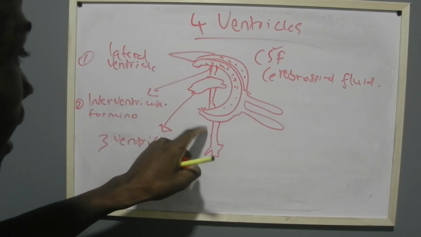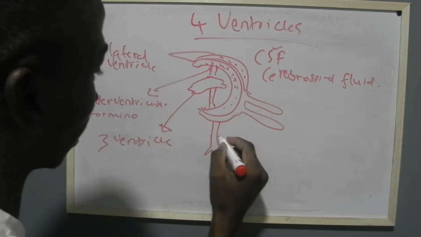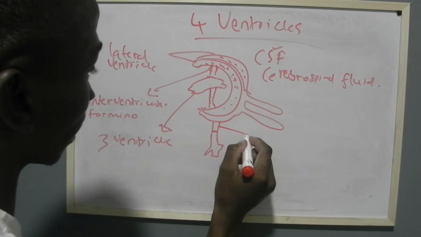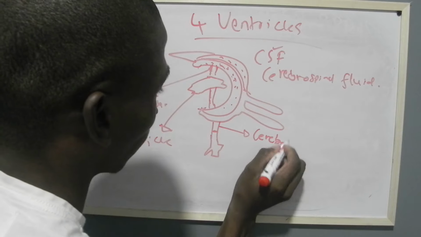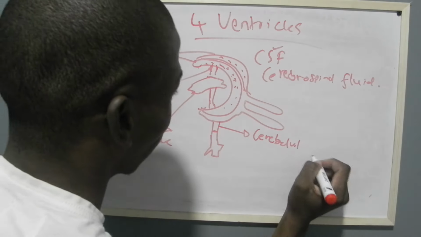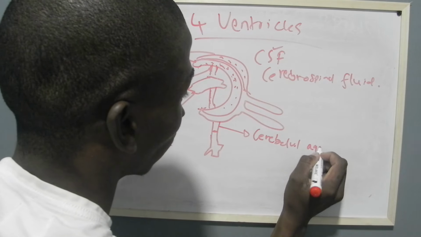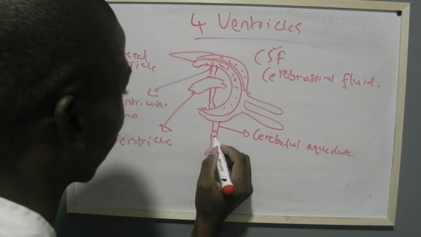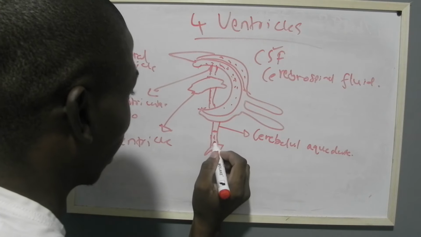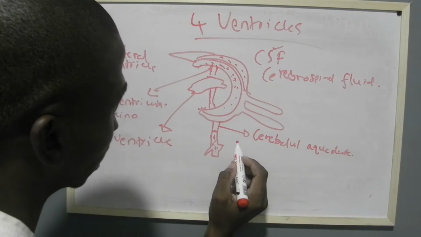And then here we find the cerebral aqueduct. And then on this side, if you can remember, there is something like a leaf saw. I can't draw it very well, but it's something like this.